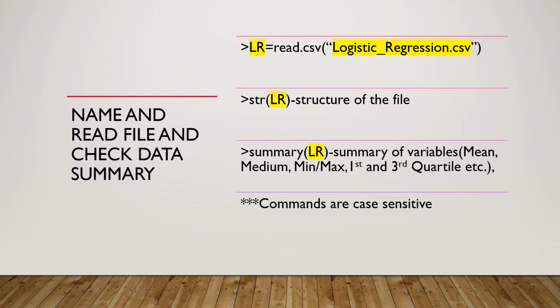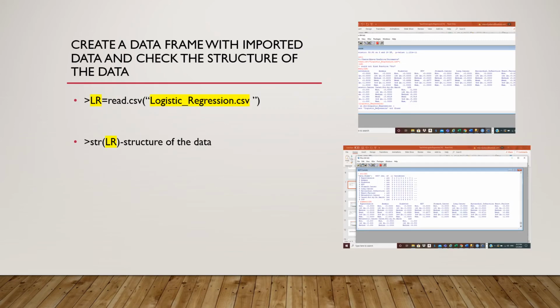The summary will give you a list of variables, which includes the mean, median, minimum, maximum, and first and third quartile, etc. And another thing to note is when you're entering your commands, you want to make sure you use all the same case, because the command line is case sensitive. So you should use lowercase.